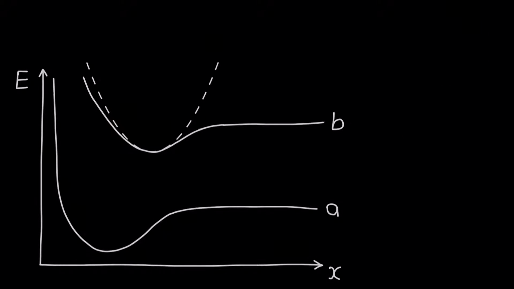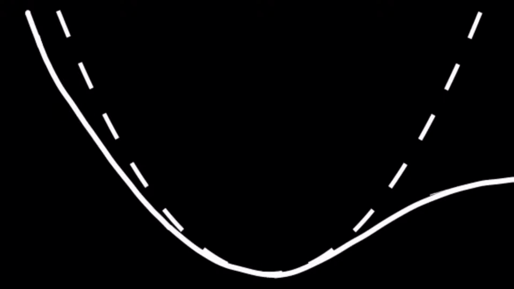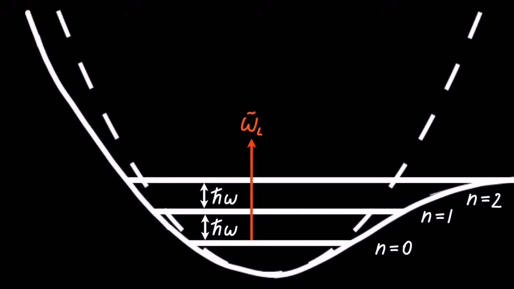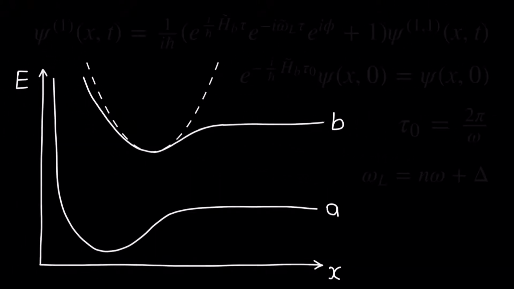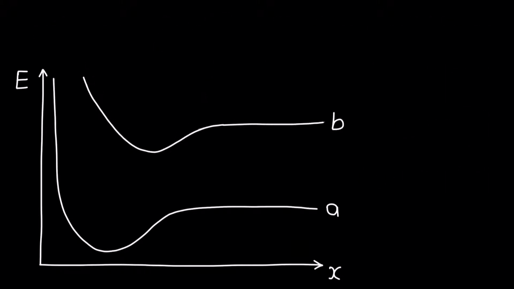Another benefit of using a harmonic approximation is that the energy spacing between vibrational levels will be constant. Therefore, we will always be able to express the carrier frequency as an integer of the spacing between levels plus a little bit extra delta above the previous level. When delta is not an integer of the spacing, we say that there is detuning. After using these simplifications, we get this simpler expression.